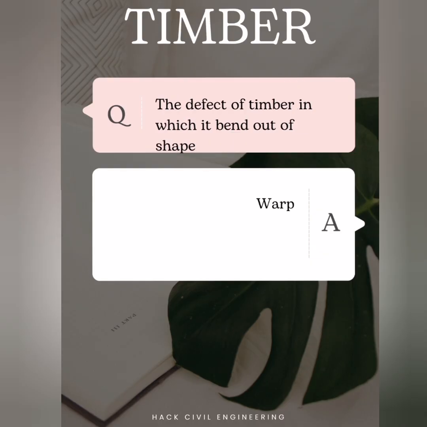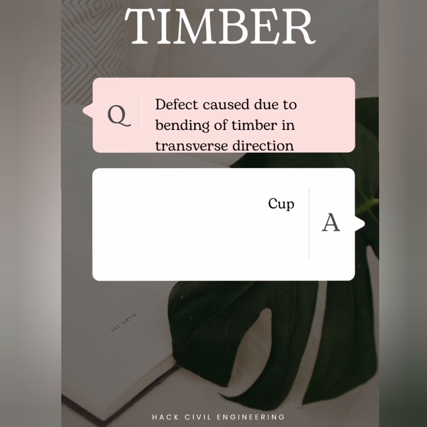The defect of timber in which it is bent out of shape: warp. Defect caused due to bending of timber in transverse direction: cup. Defect caused due to bending of timber in longitudinal direction: bow.